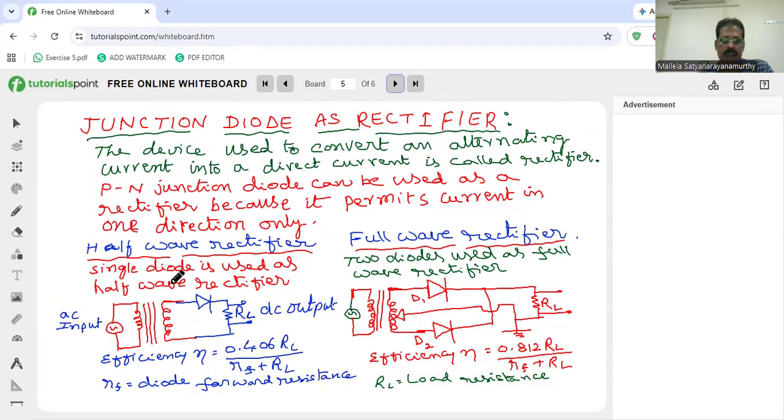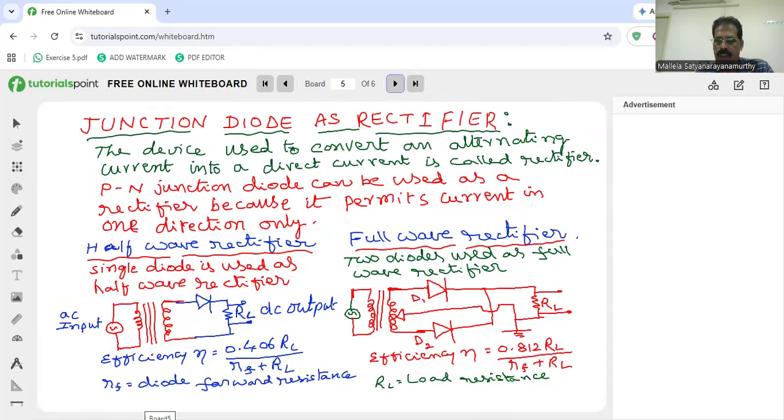The efficiency of the half wave rectifier is 0.406 RL by RF plus RL, where RF is the diode forward resistance. In a full wave rectifier, two diodes, D1 and D2, are used. Here you use a transformer called a center tap transformer. The center tap divides the potential.